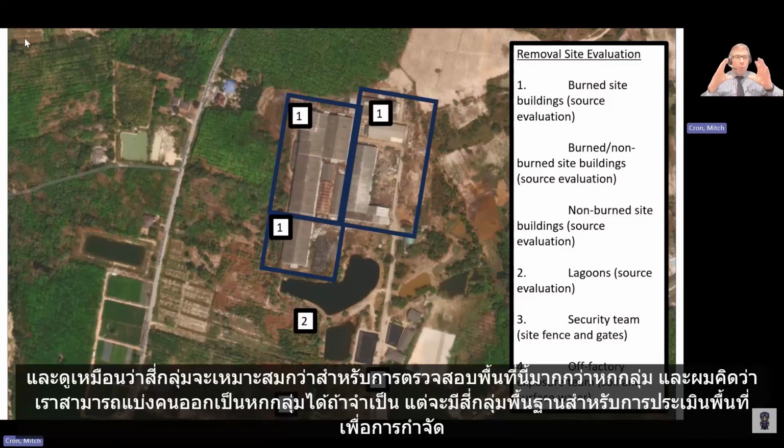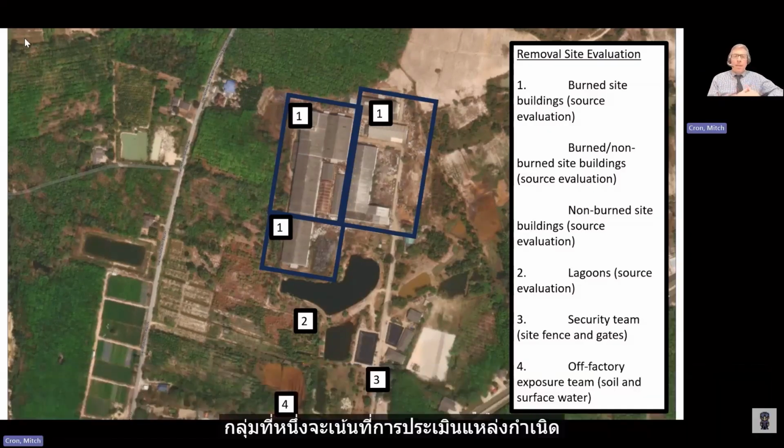And it seems like 4 groups will be more likely for this site inspection as opposed to the 6 groups. I guess we could divide people up into 6 groups if we needed to, but there'll be 4 basic groups for the removal site evaluation.